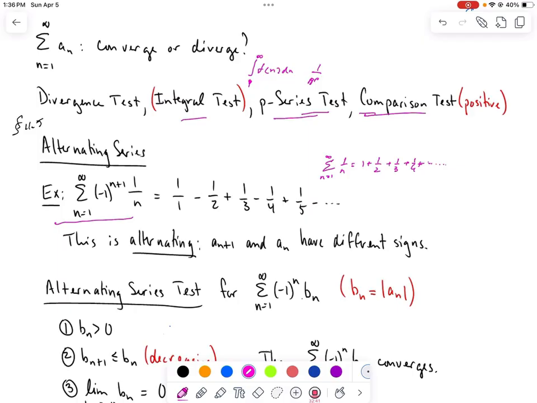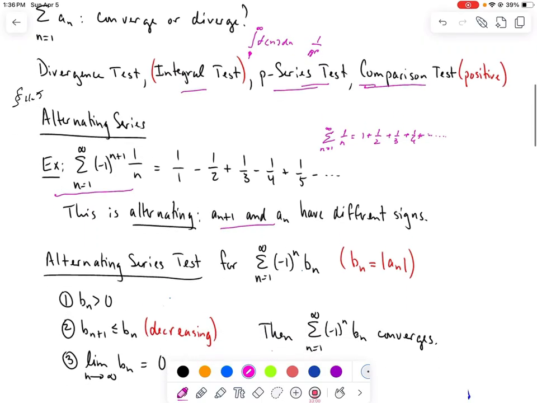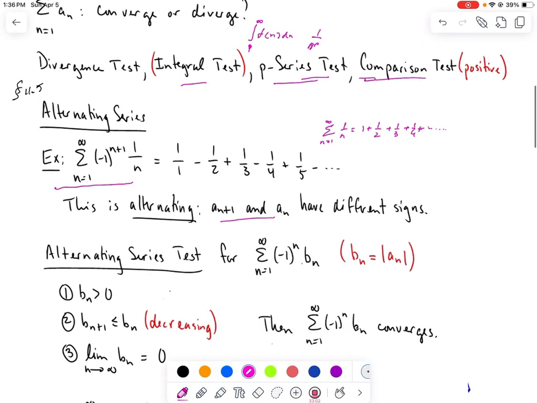Alternating signs. So that's an alternating series. In this case, we say the consecutive terms a(n+1) and a(n) have different signs. We have an alternating series test which we can apply to series of this kind: the summation from n equals 1 to infinity of (-1)^n times b_n.